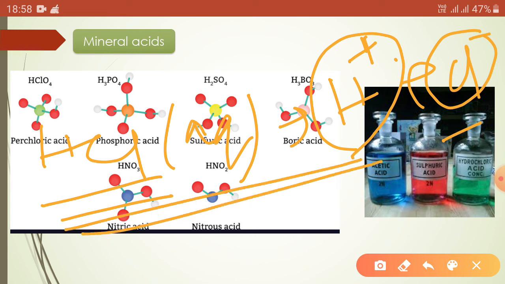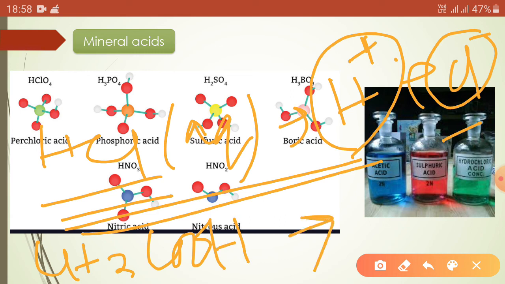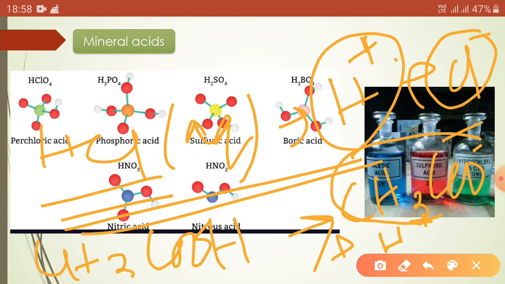If we take another acid, suppose acetic acid, CH3COOH, as a product it gives us CH3COO- and H+. So here hydrochloric acid HCl gives hydrogen ion and chloride ion when dissolved in water, and in the next example acetic acid gives acetate ion, CH3COO-, and hydrogen ion when dissolved in water.